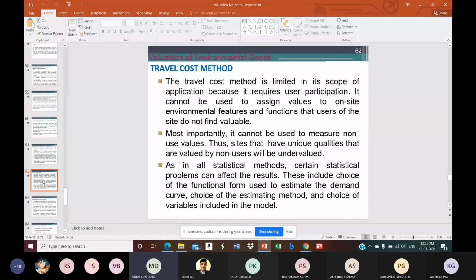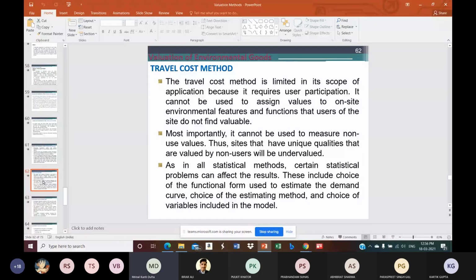For example, for those natural sites which have both use values as well as non-use values, along with the travel cost method, where the visitors will be valuing the environmental quality of those places, a hypothetical willingness to pay concept may also have to be combined, so as to have estimates of the non-use values of that particular recreational site.